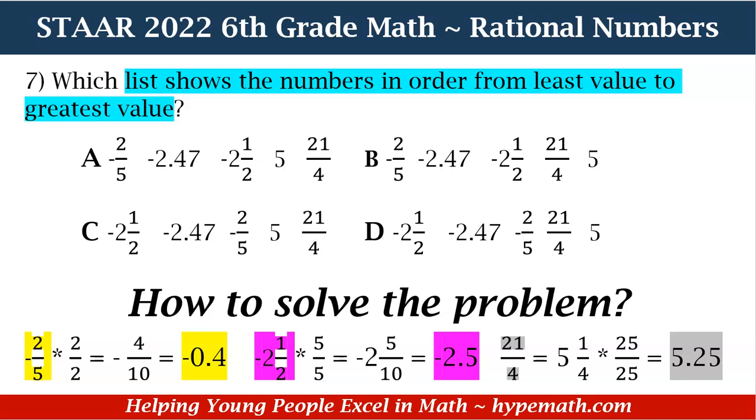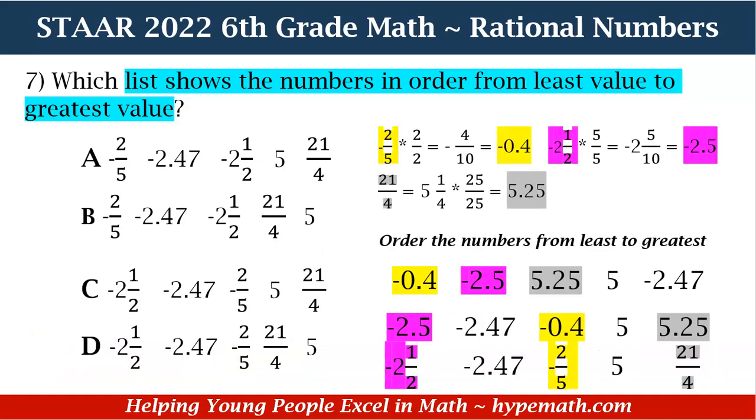Now, that was a lot. Now that we have all of our numbers in fraction form or whole number form, we are going to ask ourselves how we're going to solve this problem, okay? Since we've converted everything to a decimal, the next step is we are going to order the numbers from least to greatest.